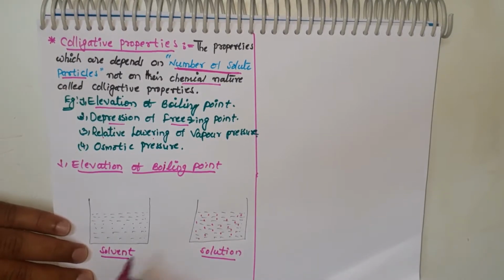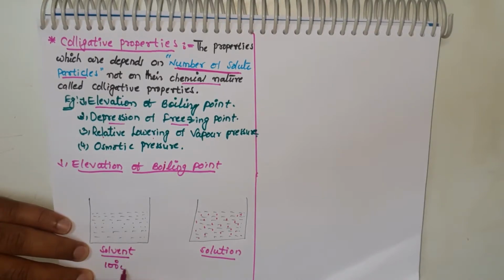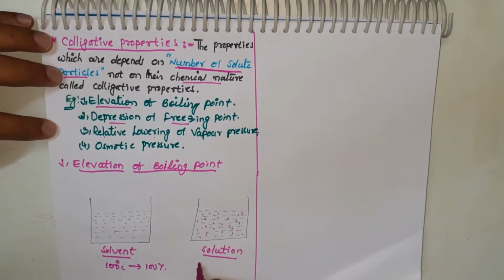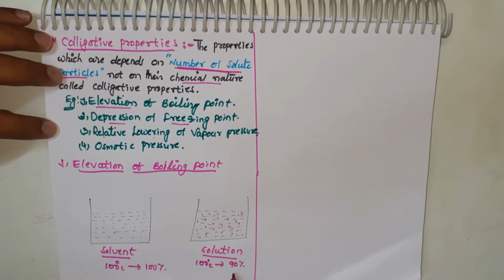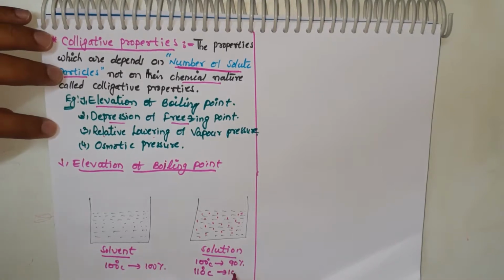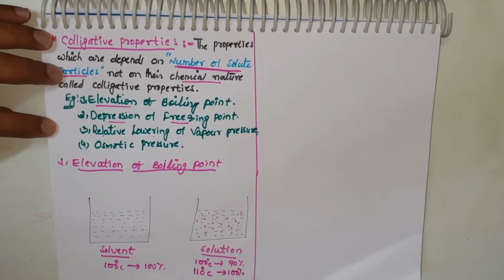When we take H2O, that is water, and heat it at 100 degrees, it converts into 100% vapor. But when we heat the solution at 100 degrees, it converts only 90% into vapor. For the remaining 10%, we must increase the temperature another 10 degrees, that is 110 degrees. Then it will evaporate completely.